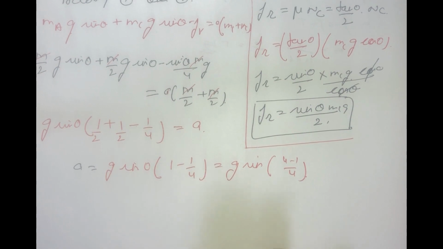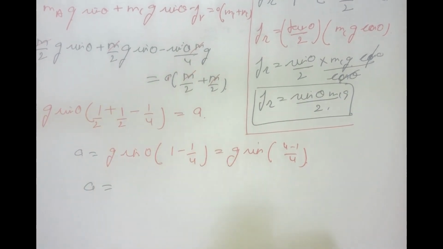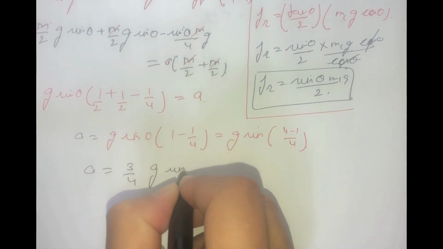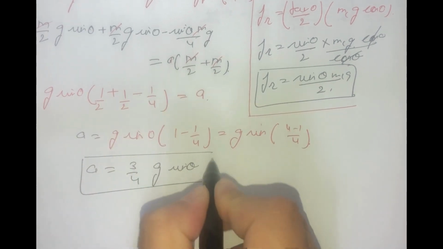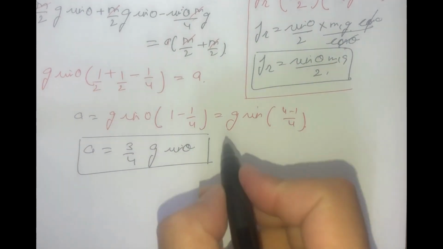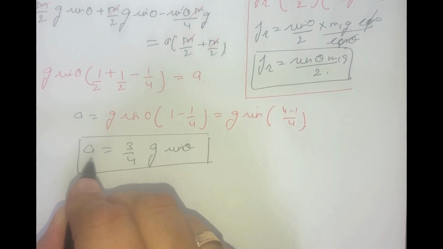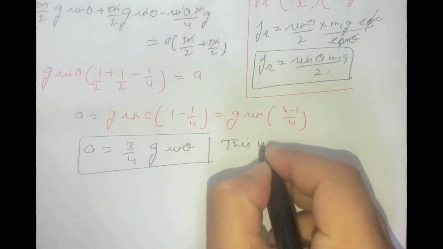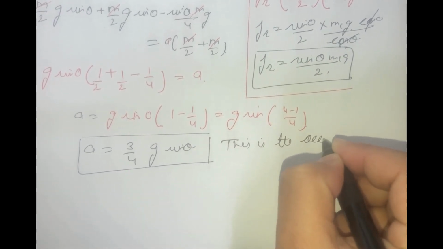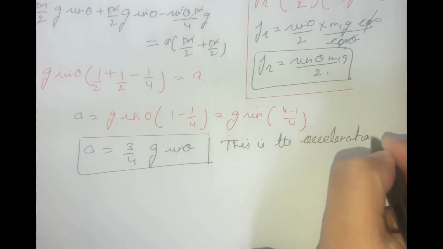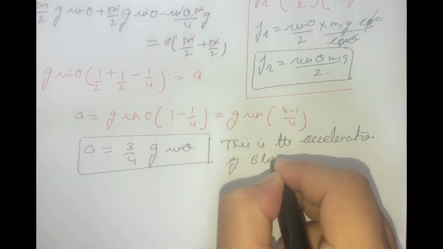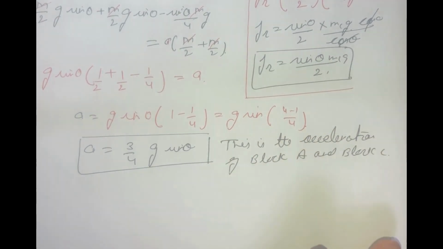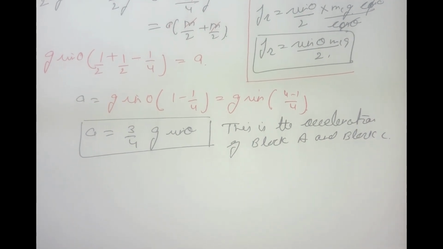So we can say from here that our acceleration is equal to 3 by 4 g sine of theta. We can say that from here, as the acceleration of block A and block C is same, okay, this is the acceleration of block A and block C. And next we are going to find out a tension.